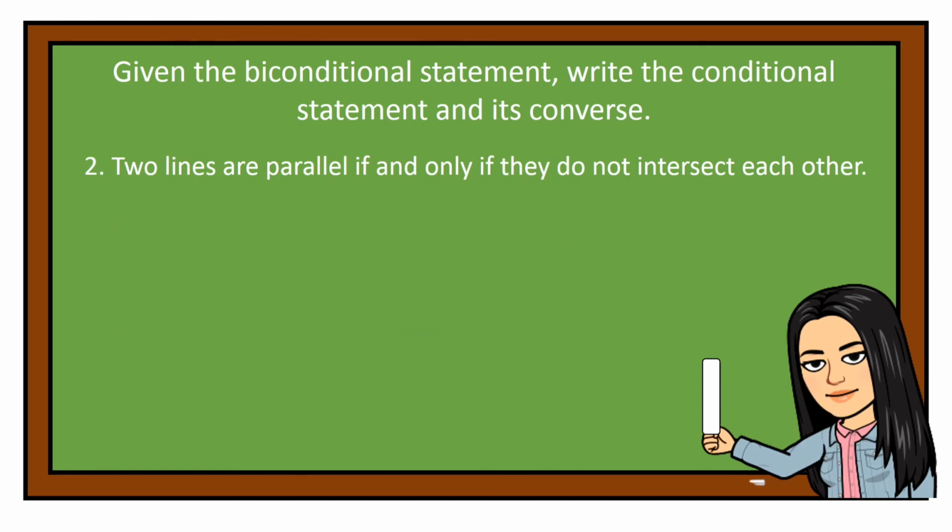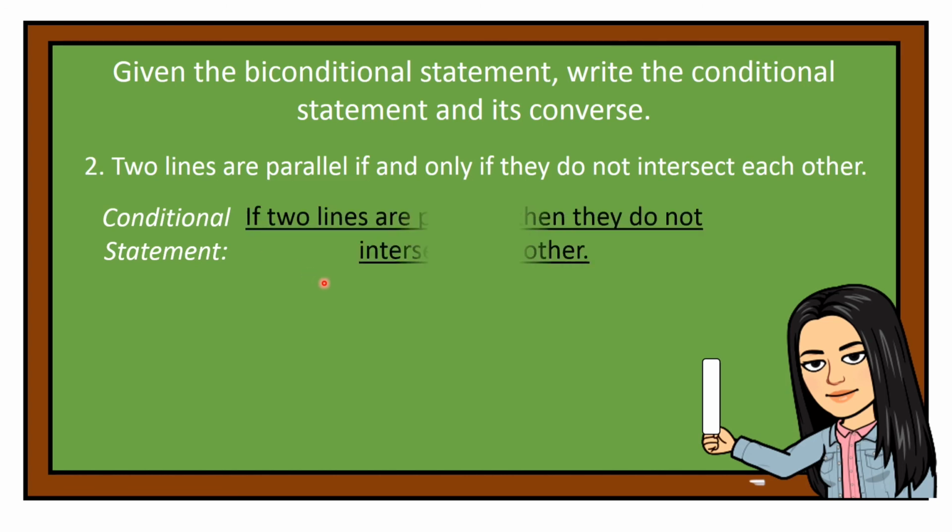Another example, two lines are parallel if and only if they do not intersect each other. This is our biconditional statement. Let us look for the conditional statement. Our answer is, if two lines are parallel, then they do not intersect each other.